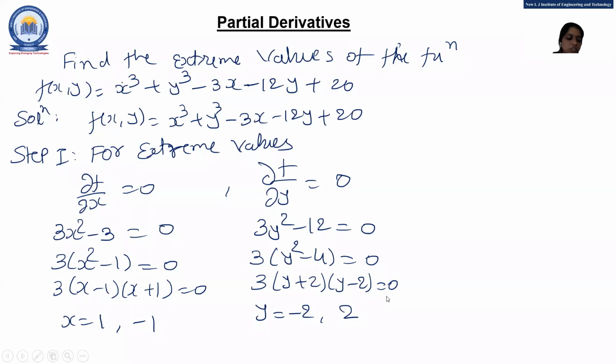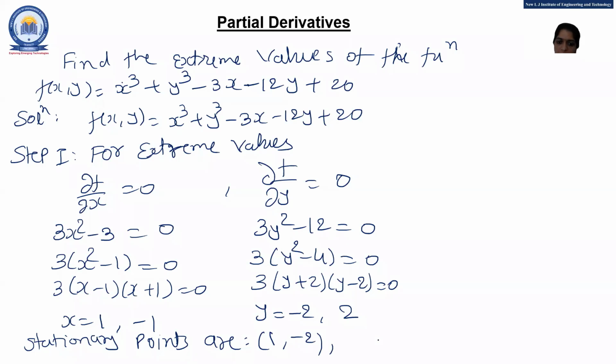So there are a total of 4 stationary points, right? Stationary points are: see, if I have x equal to 1, at that time y is equal to minus 2.